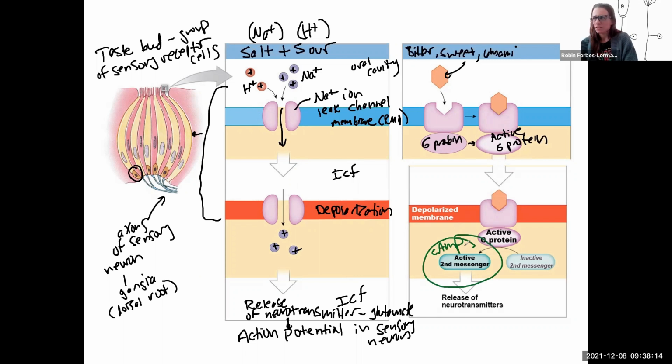That I believe is, yes, that is the second messenger in sweet, at least. I don't know how much variety there is in other taste receptors, probably more than anyone knows, definitely more than I know. So regardless, cAMP can also cause a release of neurotransmitters. And same thing then, action potential in the sensory neuron.